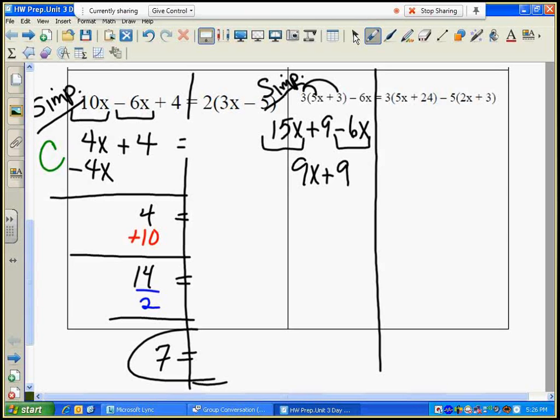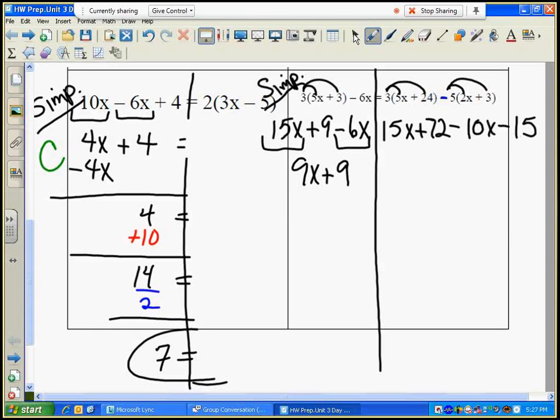Right side. I've got a hippity-hoppity here. I've also got a hippity-hoppity there. I've got to take care of those before I do my addition and subtraction. The one thing I'm really going to watch for to make sure I don't make a mistake is to distribute that negative with the 5. So let's see here. 15x plus, big number, 72, minus 10x minus 15.